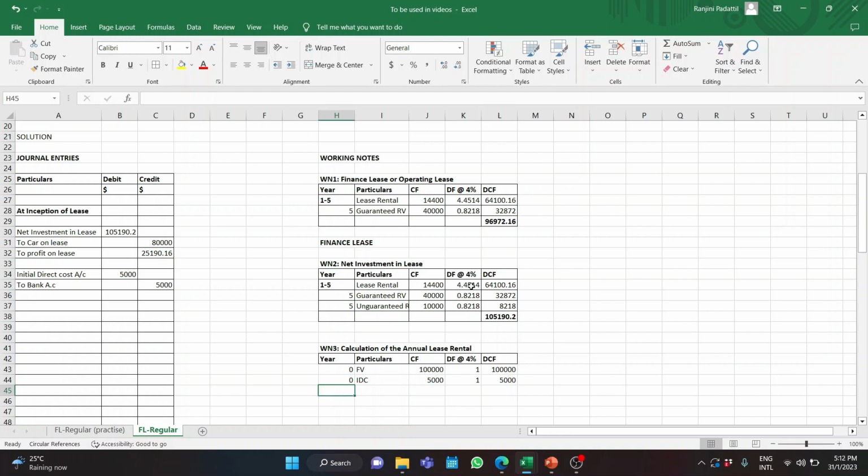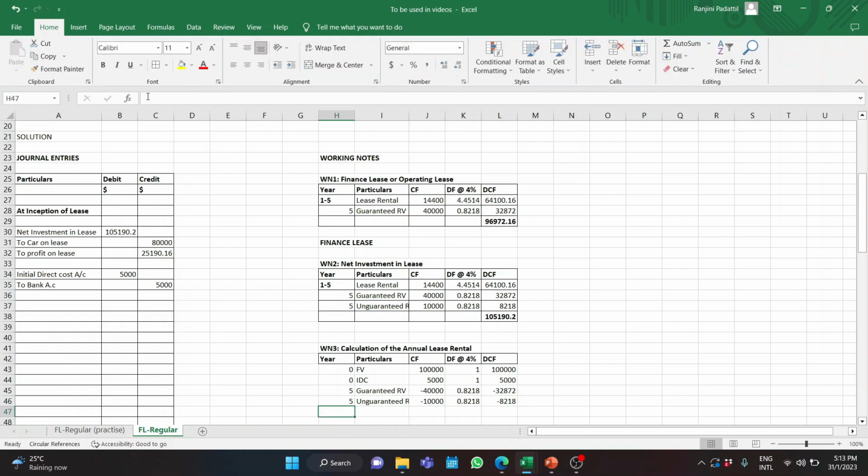Alright, we do know that in the last year, we will get the guaranteed residual value of 40,000 from the lessee. And I also know that although unguaranteed, there is some more residual value which I cannot claim from the lessee. So that unguaranteed residual value I remove from here.